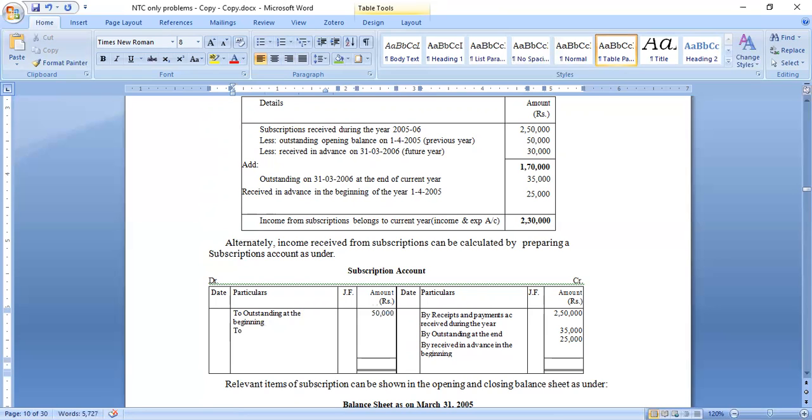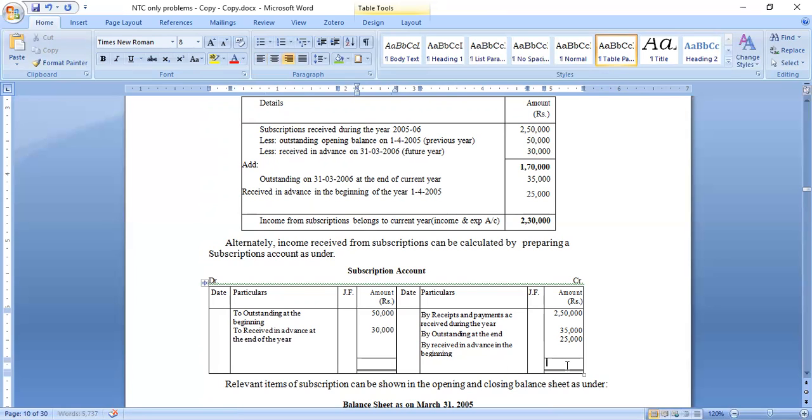To received in advance at the end of the year, so it is 30,000.